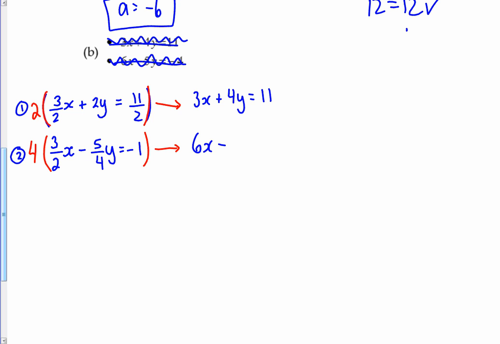Minus 5y equals, careful, common mistake is forgetting to multiply the constant. Negative what? -4. 4 times -1 is -4. We multiply everything by 4, everybody, to keep the equations equivalent.